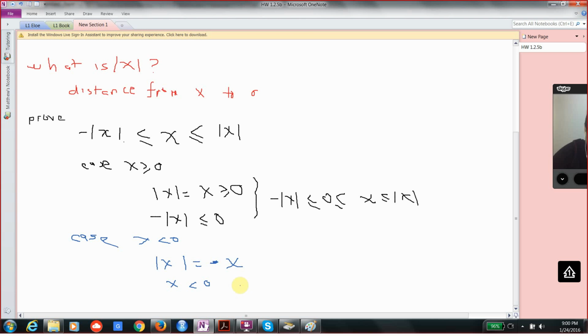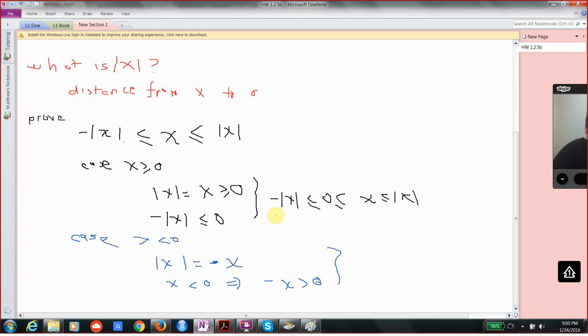Okay. So let's think about this for a second. I want to hook these two things up. What if I multiply by negative 1 here? I get negative x is greater than 0. So now I have the following.